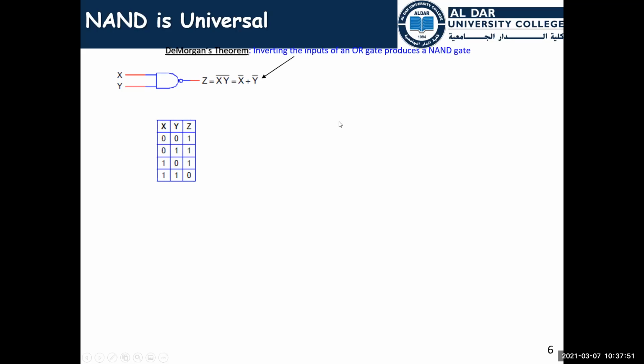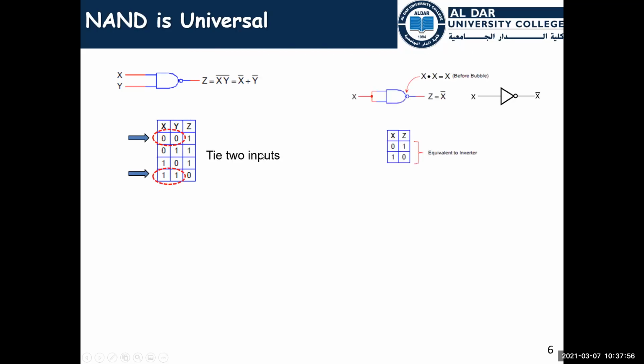This means we can tie the two inputs together. So we have here 0 will output 1, 1 will output 0. This is a conversion. So we attach the inputs together to be one variable, and this is exactly the same as the inverter.